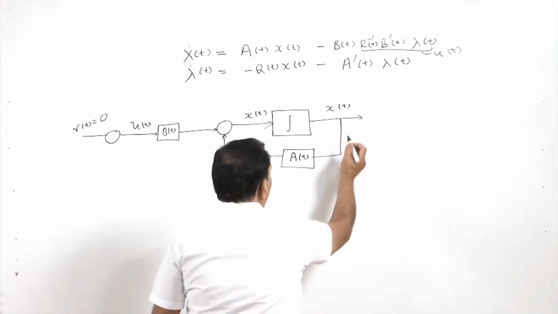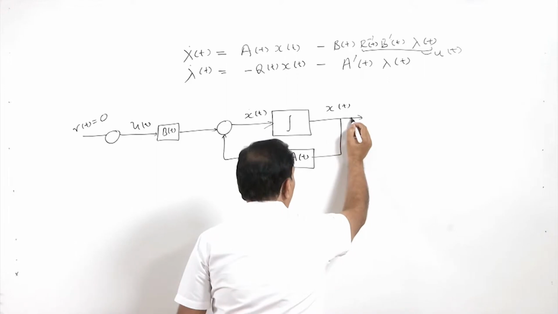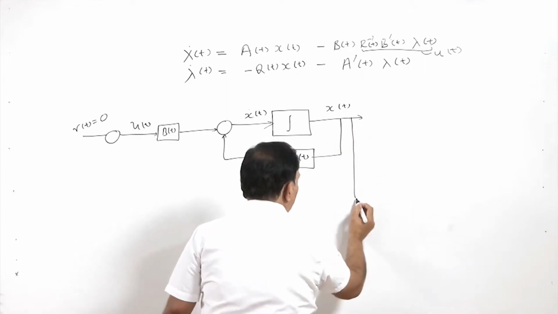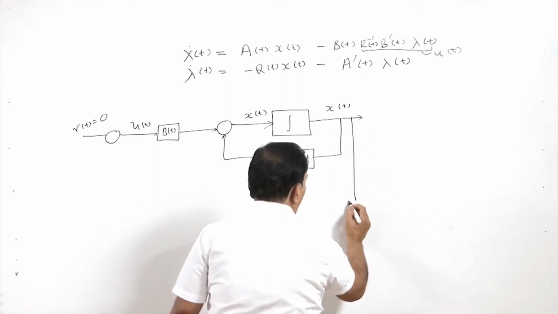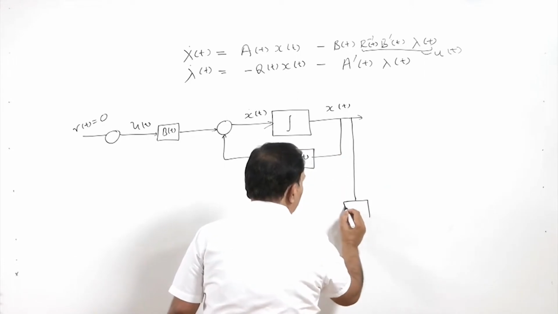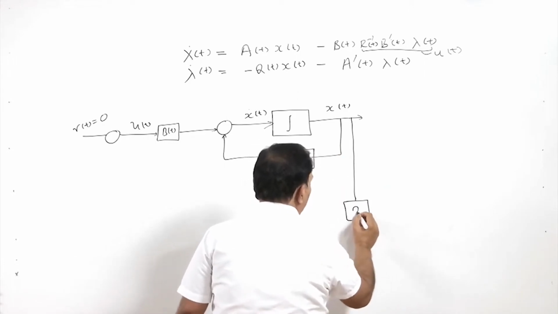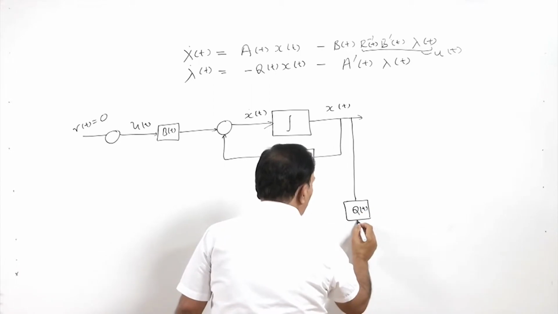If I look at the second equation, x t is multiplied with Q t.